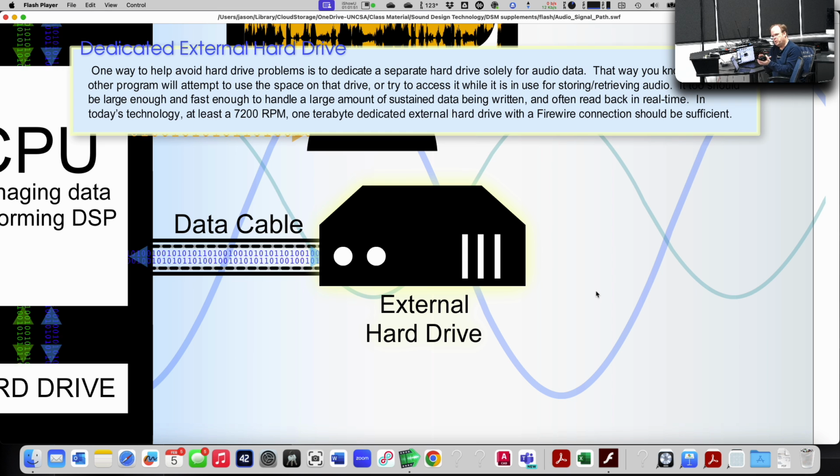So I put audio on here that I don't need immediate access to. There's not a lot of bandwidth involved. Like I put my sound effects library on here. I put archival stuff, like things that I just want to hang on to, that I want to be able to get to, but I don't want it to take up space on my computer.